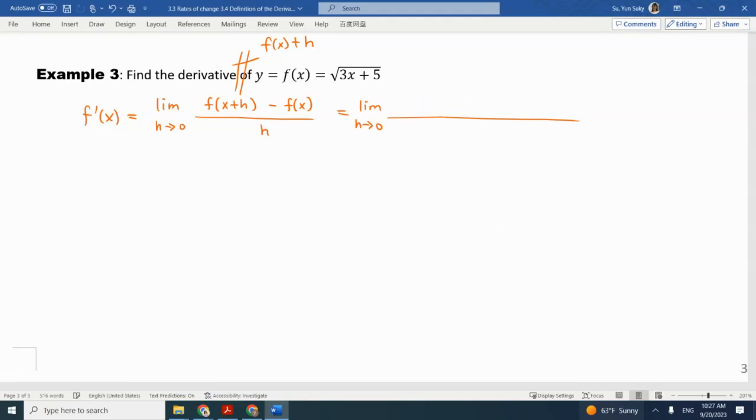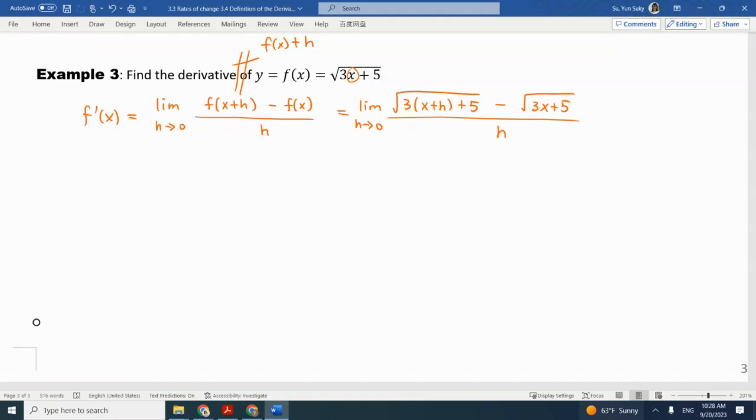Whenever you see x, replace x by x plus h. And then the other terms remain the same. Is that okay, everybody? Minus square root of 3x plus 5, all over h.